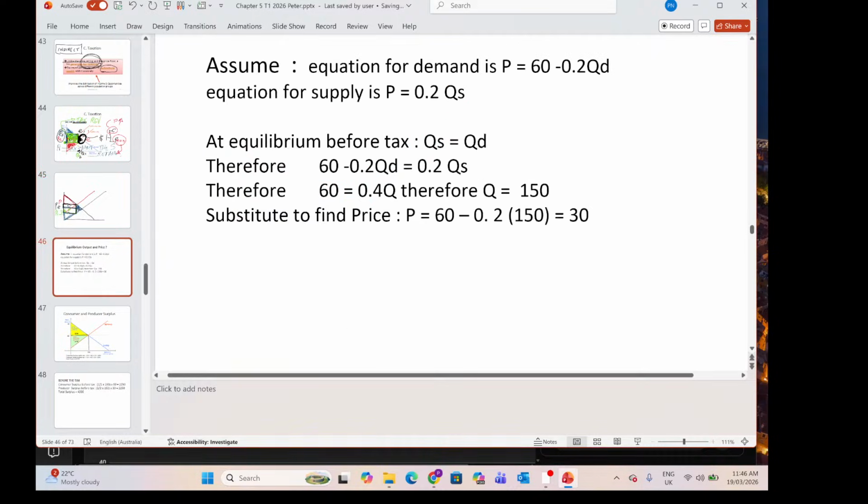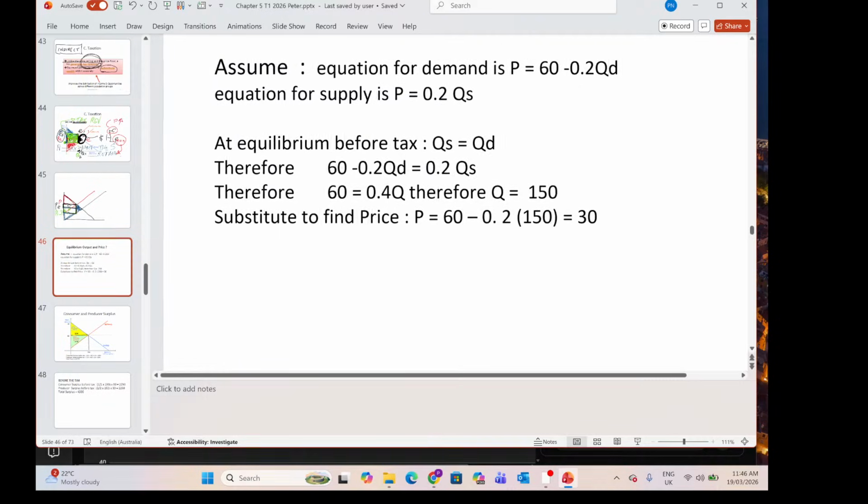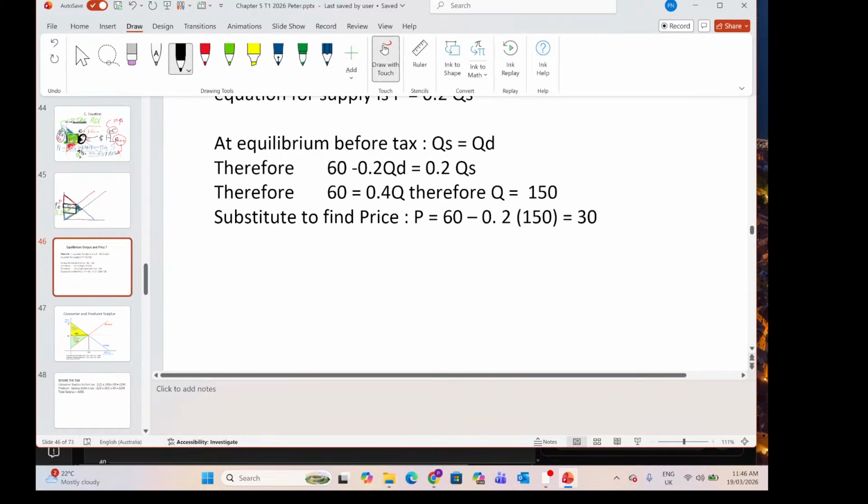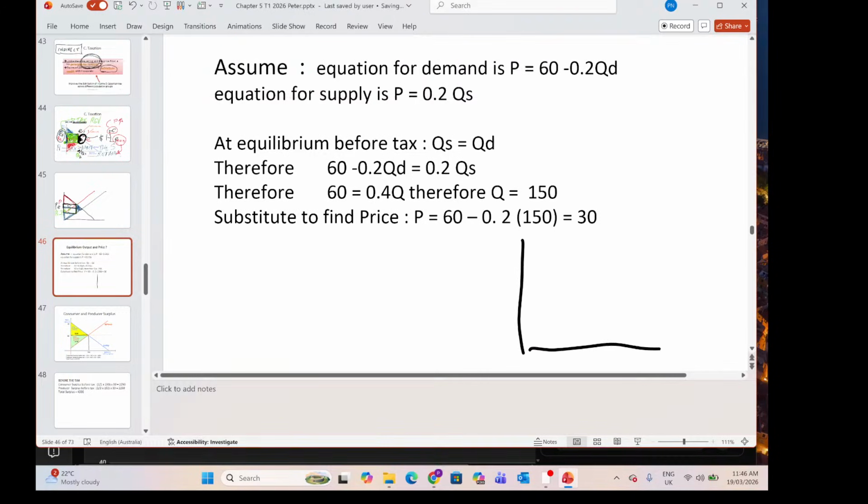So we're going to now do this with numbers. We're given two equations. The first equation is for the demand curve. So let's think about what this demand curve is going to look like. The demand curve is going to start at 60, because if there's no quantity demanded, the price would just be 60.